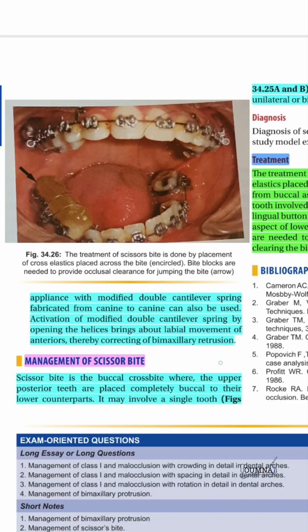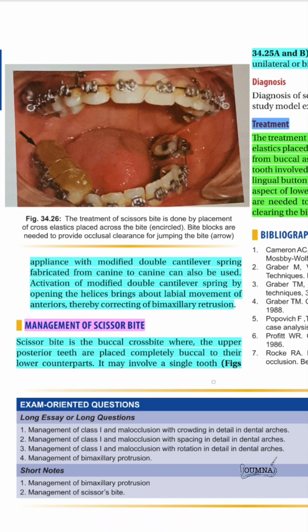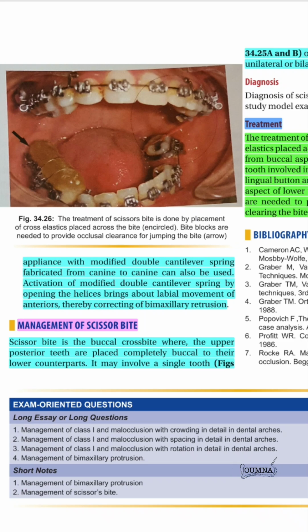As for the scissor bite, that is defined as a completely buccal relationship of the upper posterior teeth with the lower counterpart, like this. We have that it's out of occlusion.